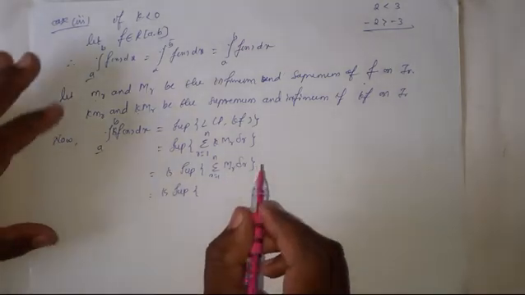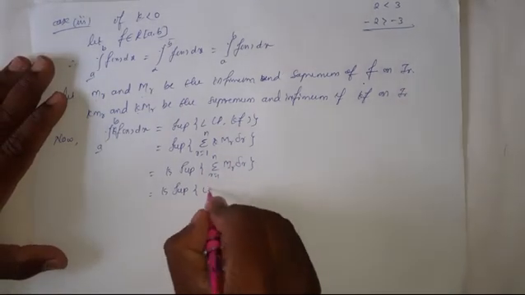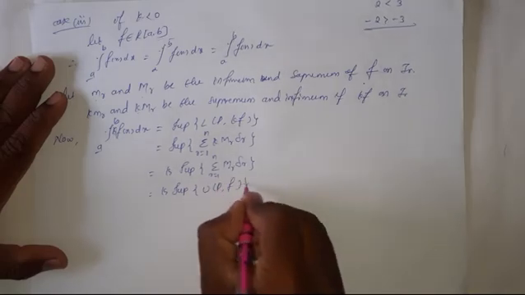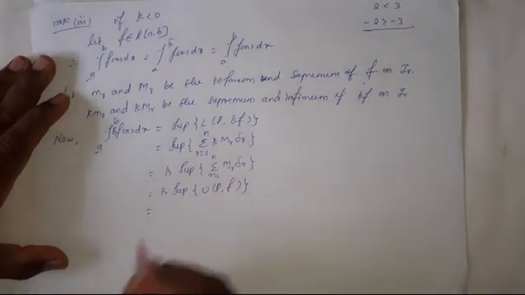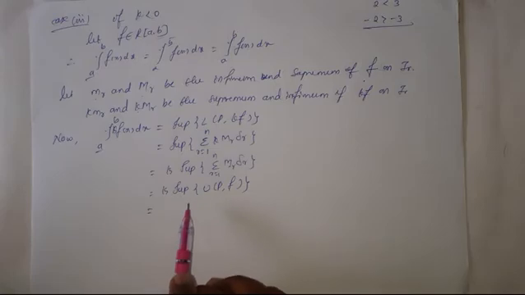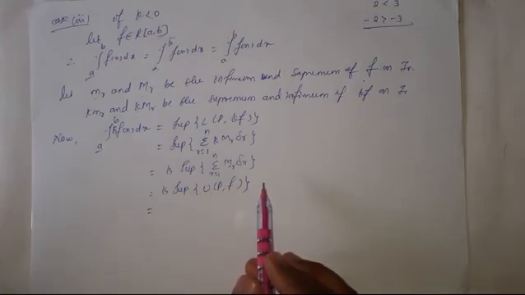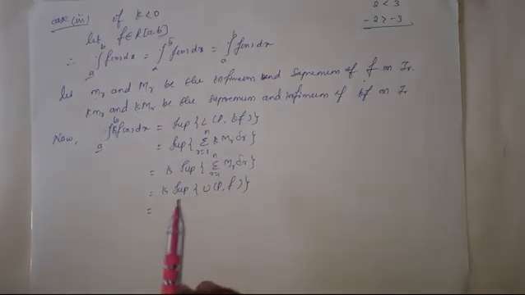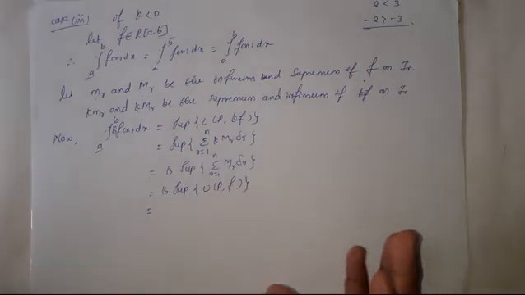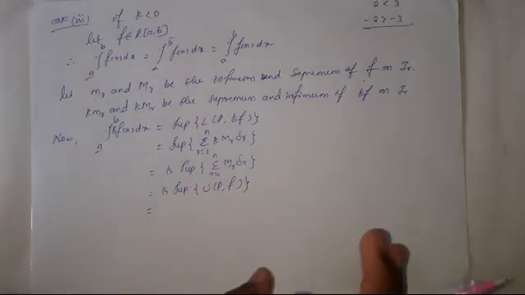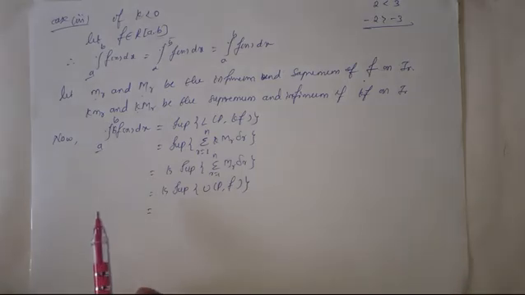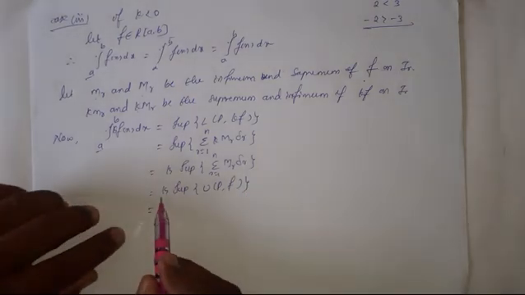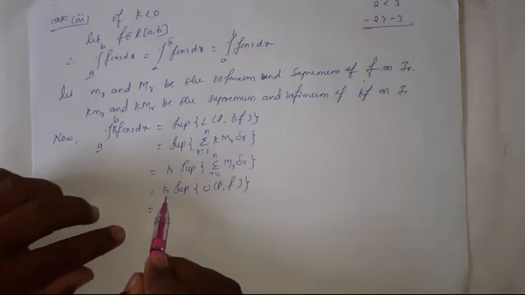So therefore this summation is nothing but the upper Riemann sum of the function f. Now here we don't know the value of the supremum of UPF, because the supremum of UPF is simply the supremum of upper sums, but if we are considering the supremum of the lower sums, then that will be the lower Riemann integral. So now here the value of k is negative.